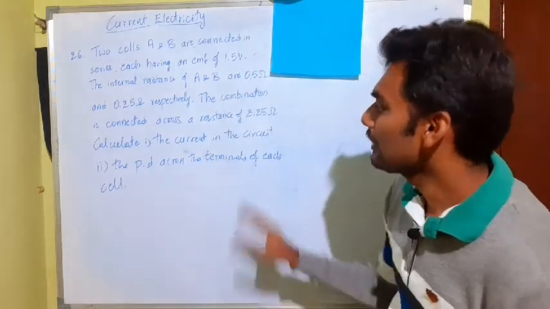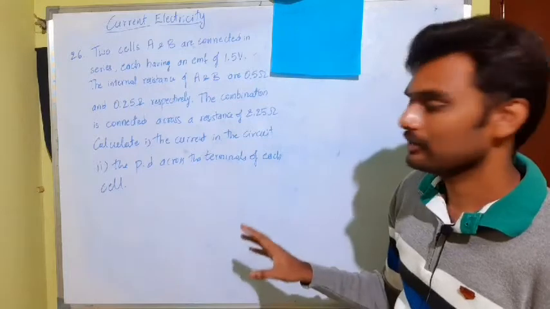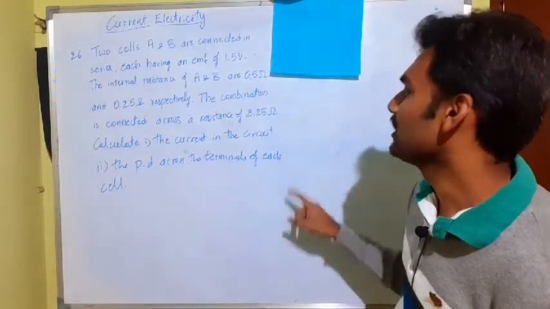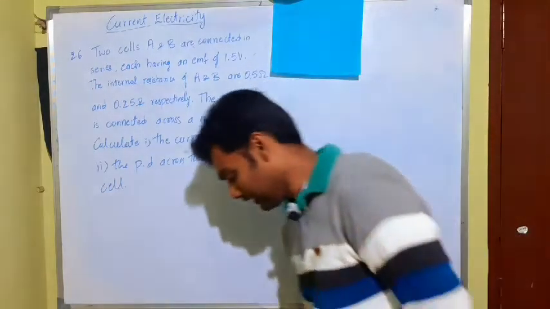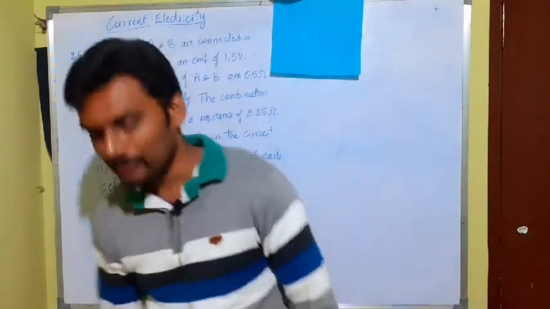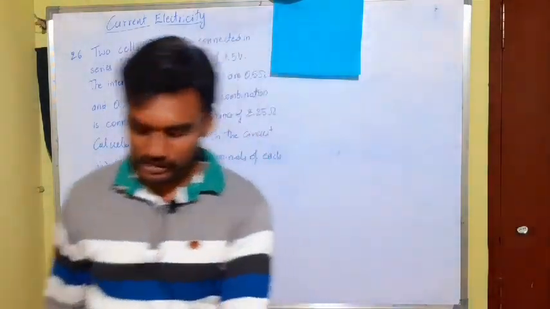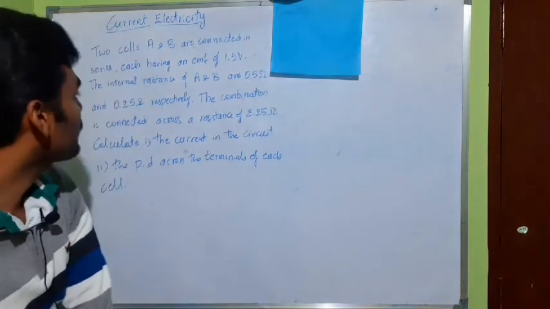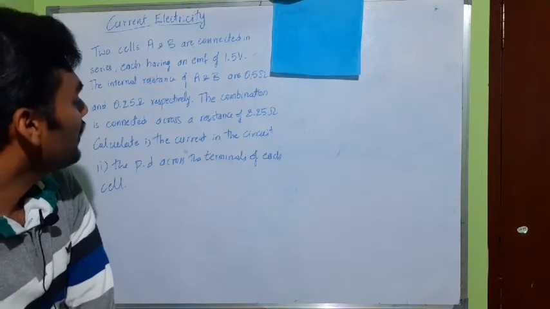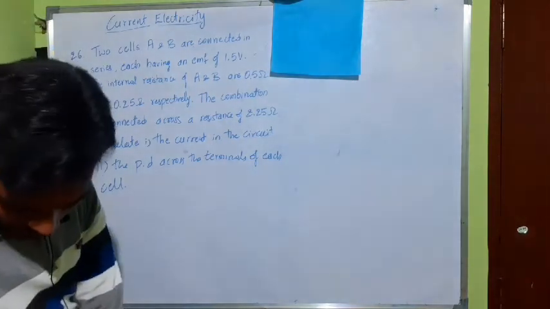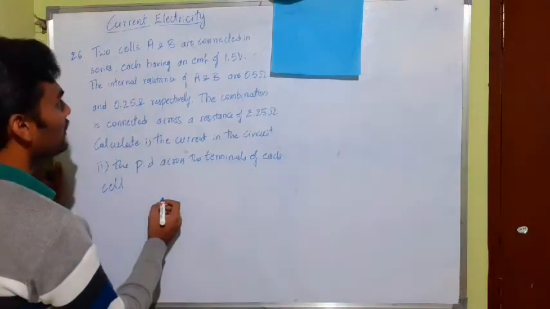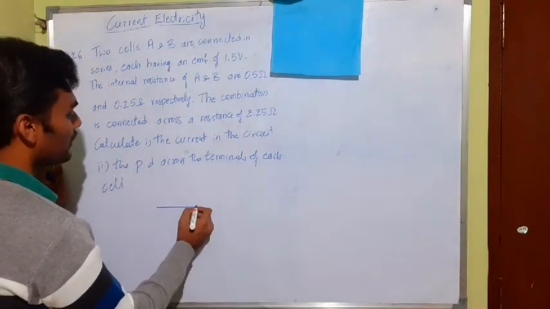Now calculate the current in the circuit, I, and the potential difference across the terminals of each cell. Okay, let us go step by step. First, let me draw the circuit. So the circuit is quite simple and is as follows. We have two cells A and B connected in series, right?